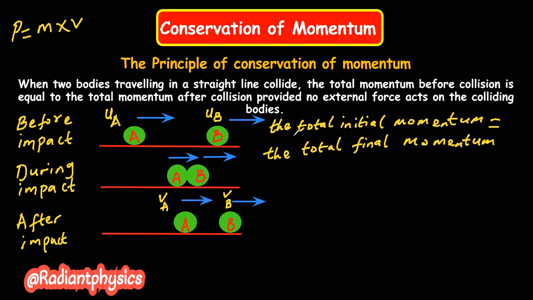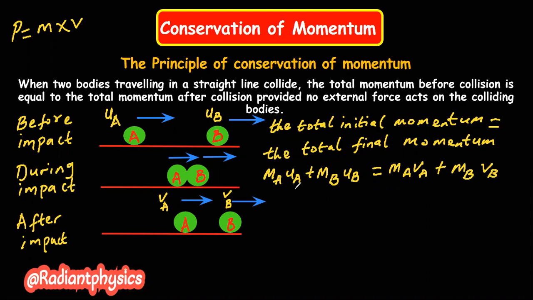All right, so now since the total initial momentum is equal to the total final momentum of these two colliding bodies, we are going to find the momentum of this ball A, which is going to be MA times UA plus MB times UB, equal to the total final momentum, which is MA times VA, the final velocity, plus the momentum of this ball, MB times its final velocity.